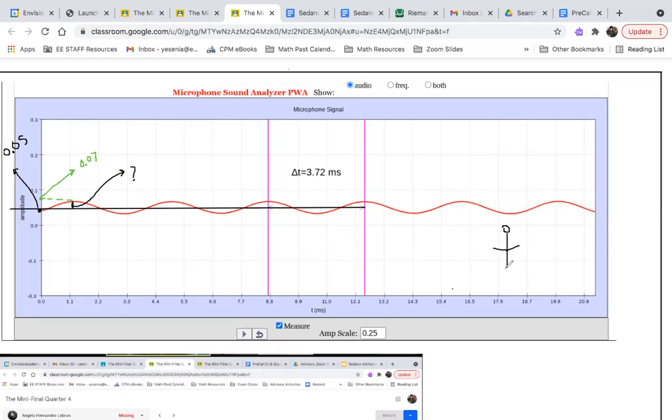So you have a shorter friend. Let's say their height is 0.05. And then you have a taller friend, and their height is 0.07. Just pretend that this is the case.